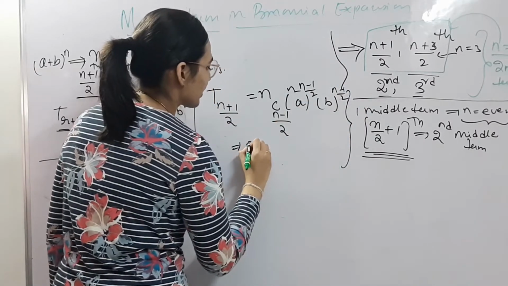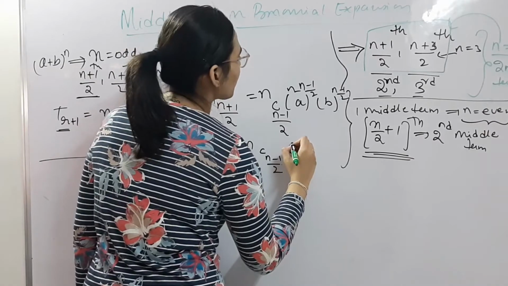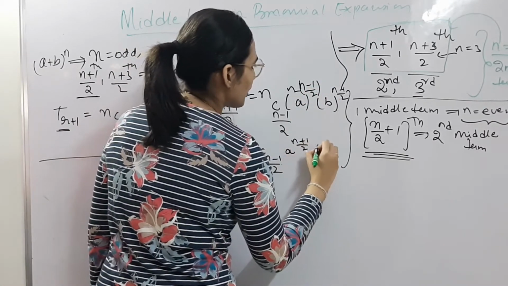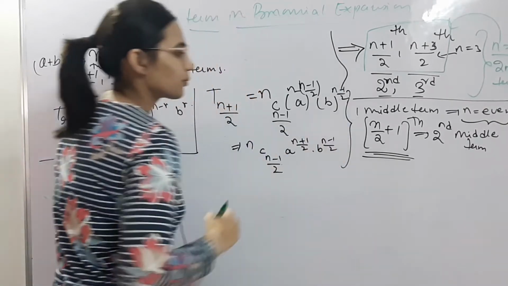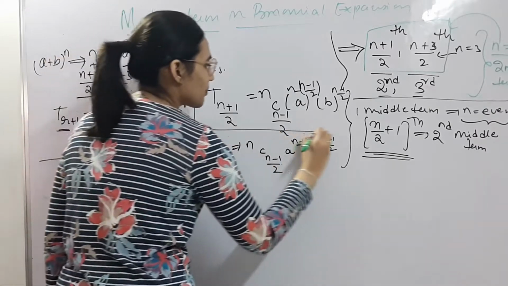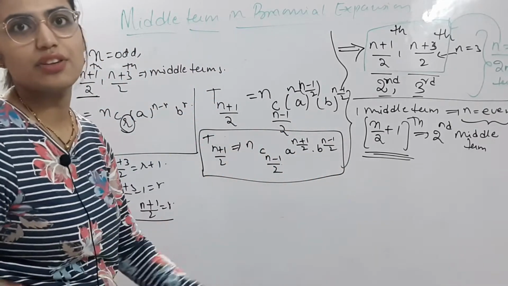That is nC(n minus 1)/2, a to the power of (n plus 1)/2, b to the power of (n minus 1)/2. So this is one of the middle terms, that is the (n plus 1) by 2th term. Directly you can substitute the value of n here and you'll get the answer.